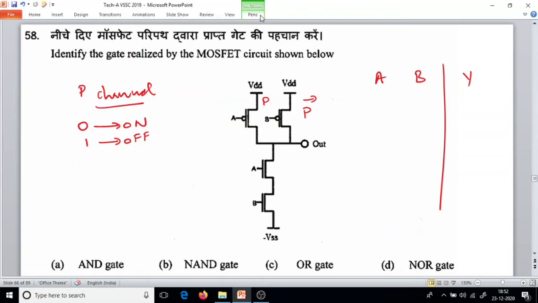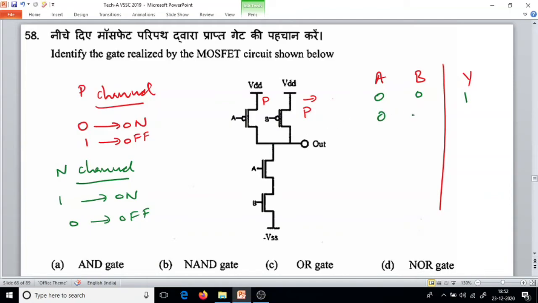Like that, if you take the N channel, 1 will make it on, 0 will make it off. Now, when you apply 0, 0 here, these both will be off and these both will get on. So VDD comes here, so the output is high.